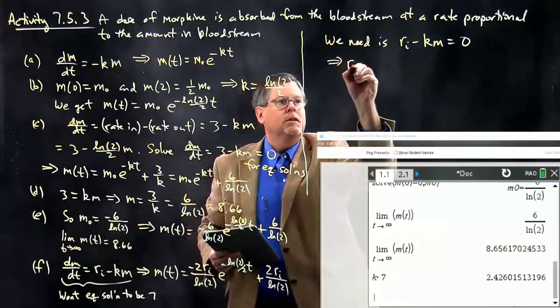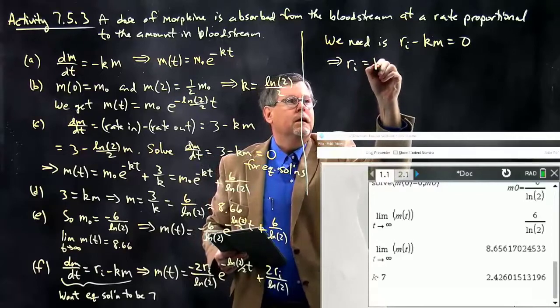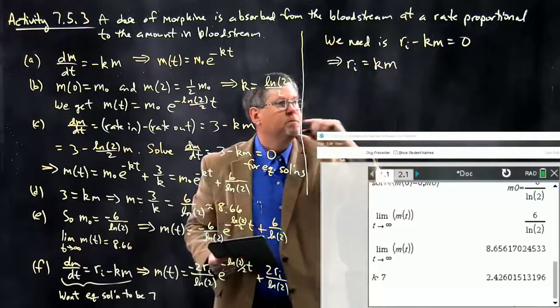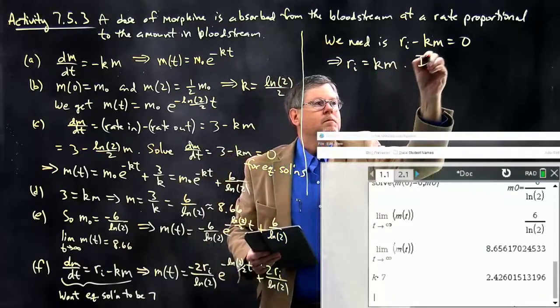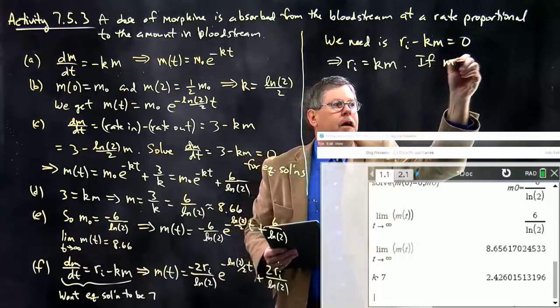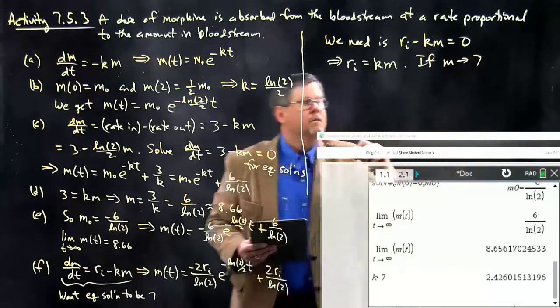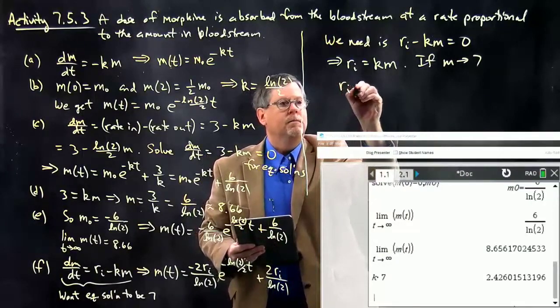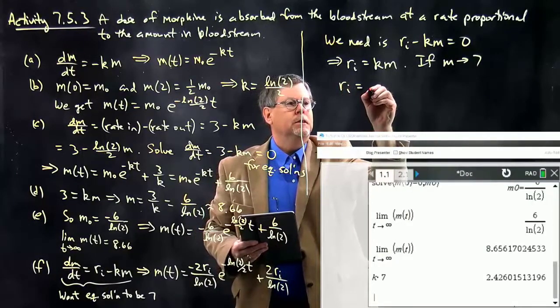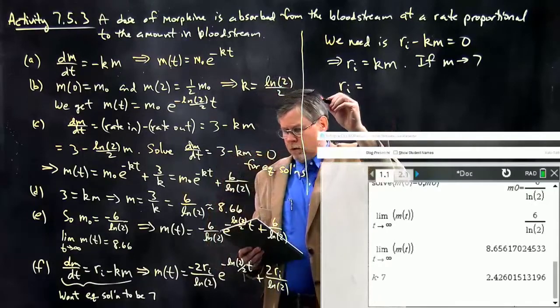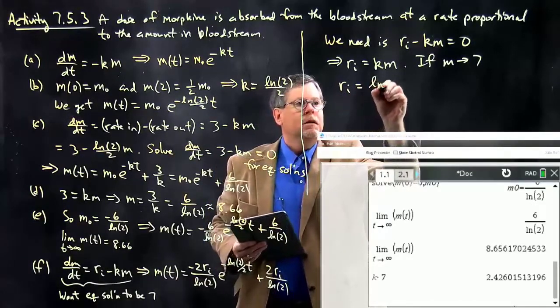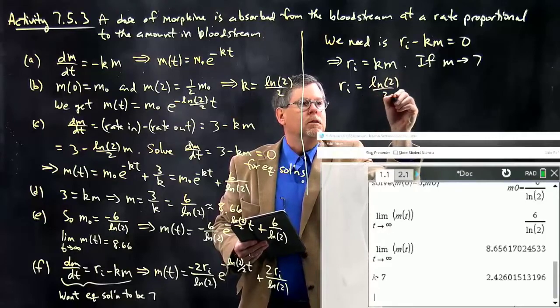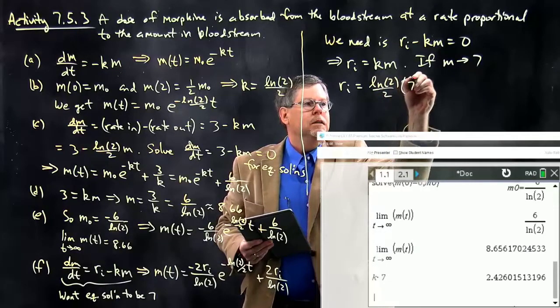So that means that r sub I is going to be k times m. If m is to really head to 7, then I can use that here to say that my initial rate is going to be k, which in my case was, I think, log 2 over 2. Yep. Log 2 over 2 times 7.